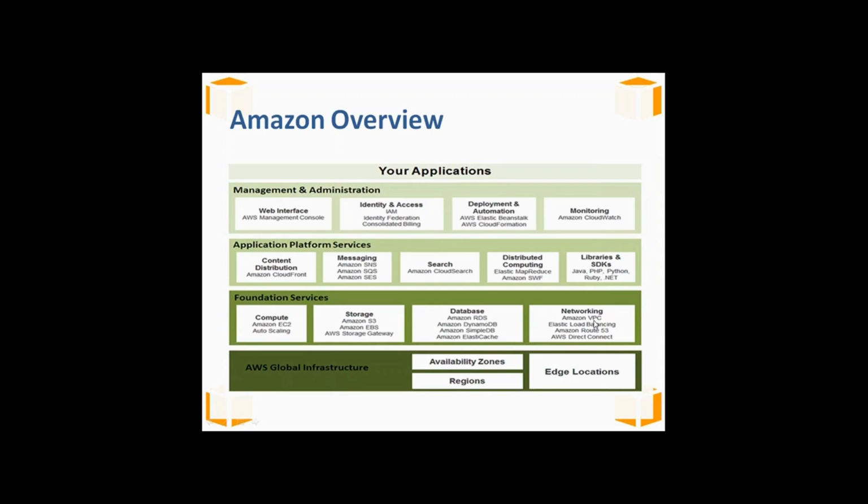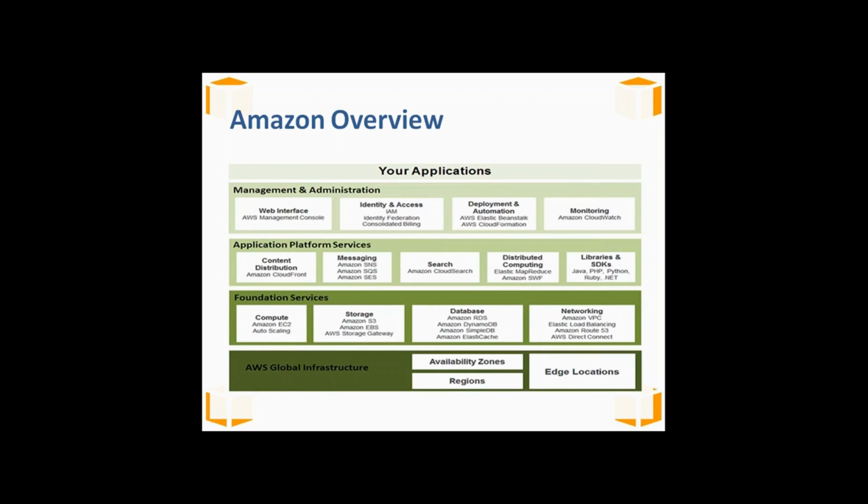The networking is also divided into four services: virtual private cloud, load balancing, Route 53, as well as Direct Connect. Let's talk about each one. The virtual private cloud is used for launching your Amazon Web Services in a virtual network, and you can have public or private subnets, and it provides hardware VPN, virtual private networking.